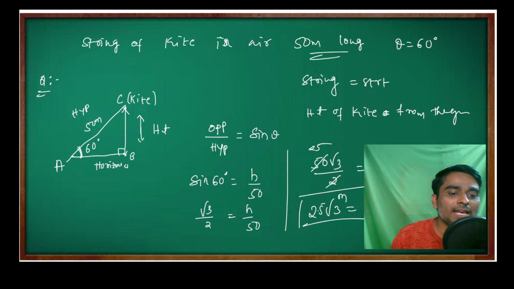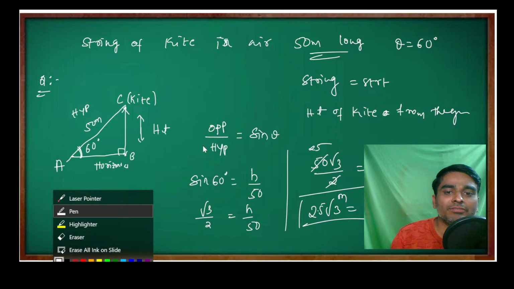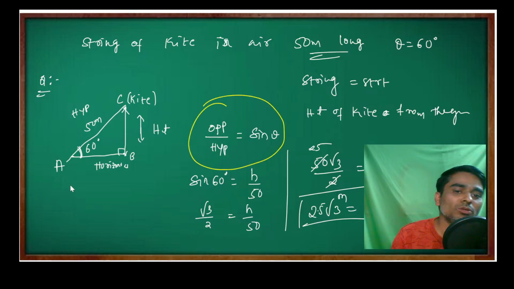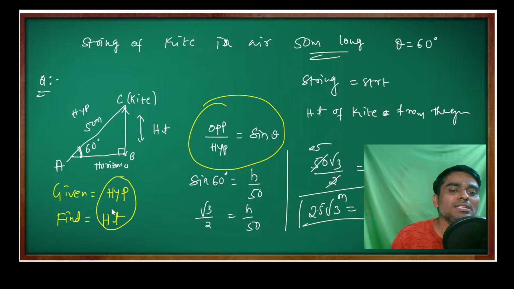See, the challenge is how to identify which trigonometric function to use. Correct, that is the challenge. For that you just need to write what is given and what you need to find out. Hypotenuse is given. You should find out height. So which trigonometric function relates these two parameters?